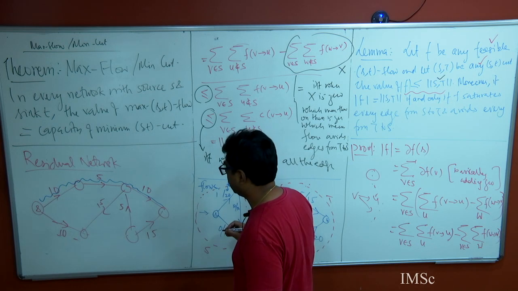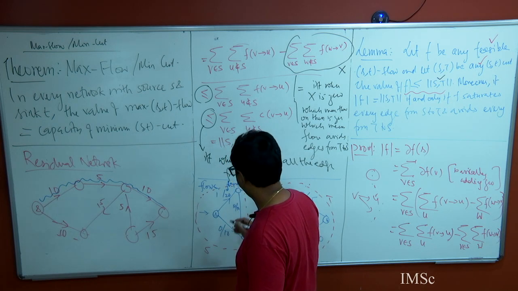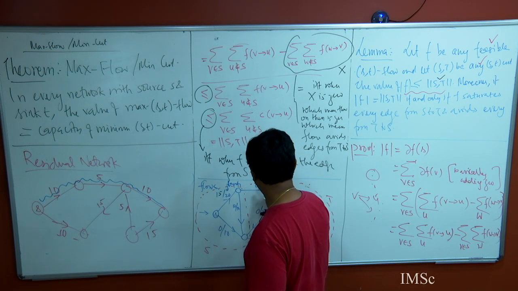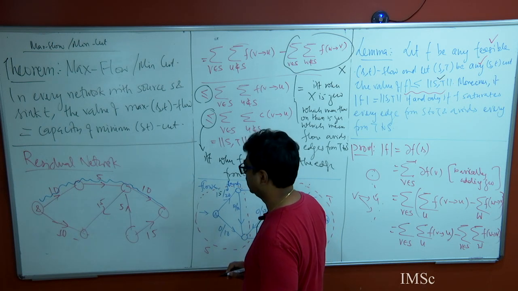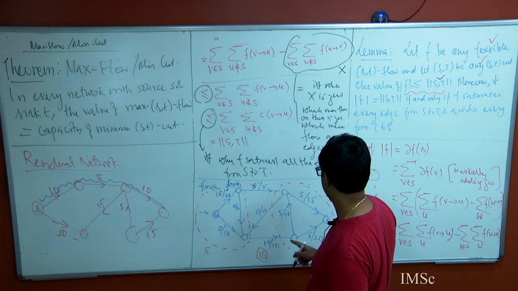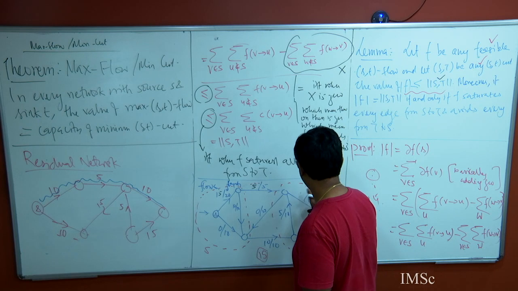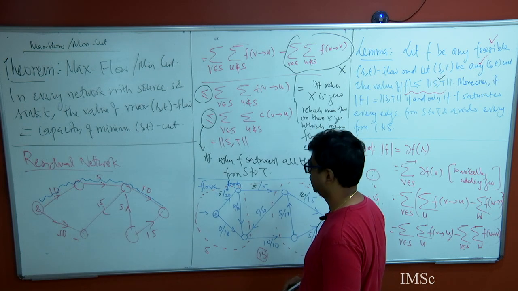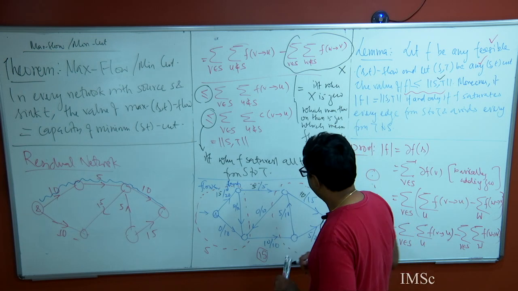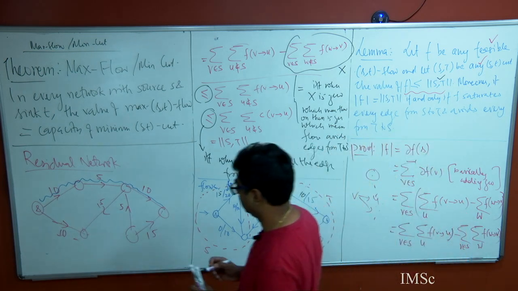Now how much does it become? 5 I added, so 15. This becomes 5 on 5, and this will also become 10. Done. But now if I write down the residual network of this, what will happen?